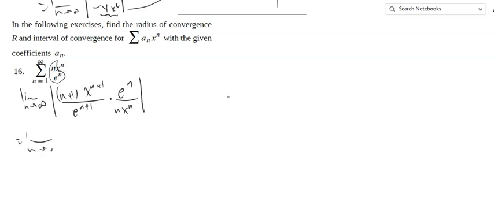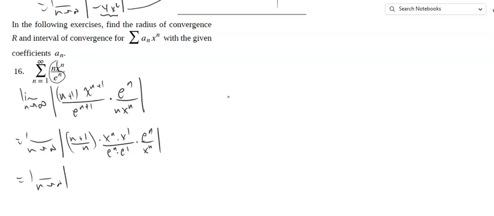That is the limit as n approaches infinity of n plus 1 over n times x to the n times x to the 1 over e to the n times e to the 1. This is 1 plus 1 over n. As n approaches infinity, that approaches 0.